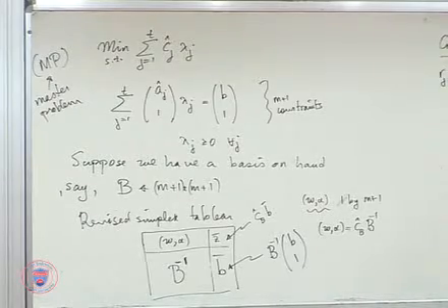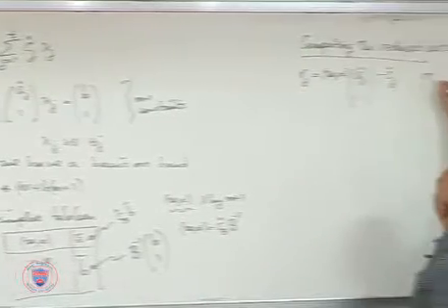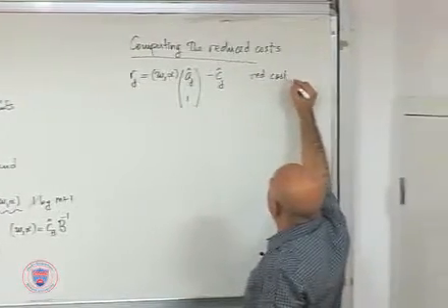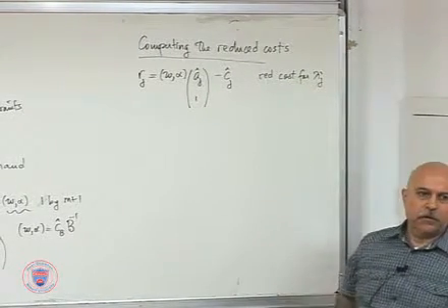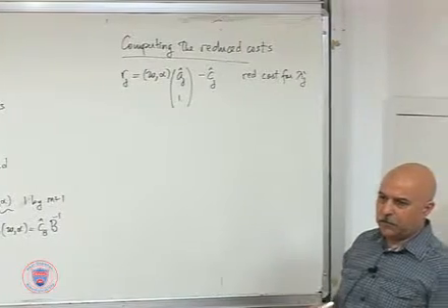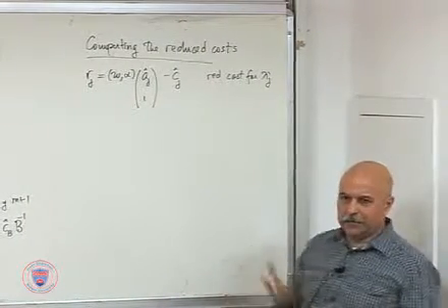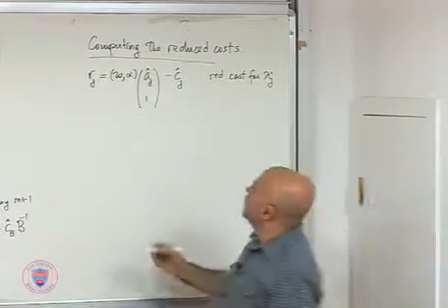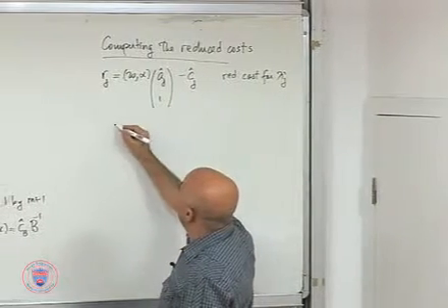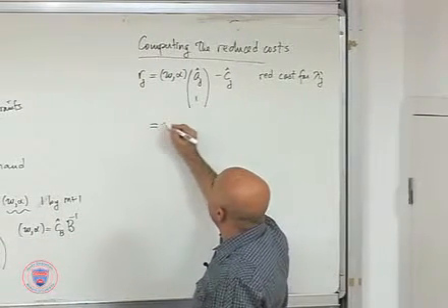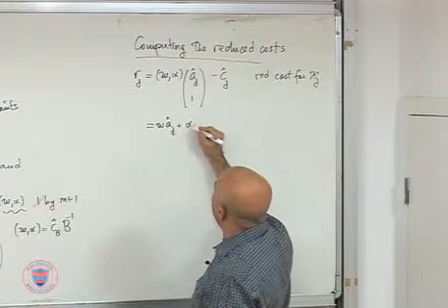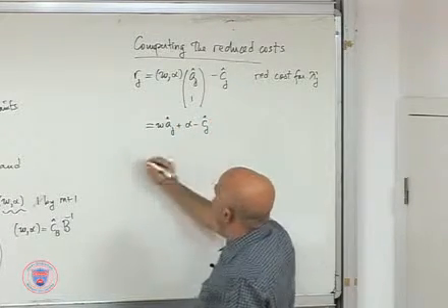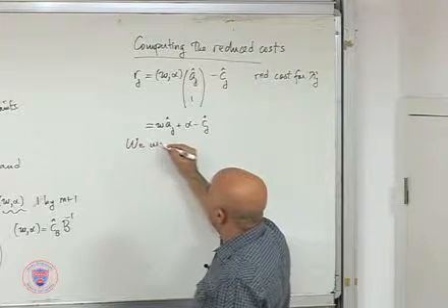This is the reduced cost associated with variable lambda_j. Of course, for basic lambdas, these are 0. For nonbasic lambdas, we have to somehow generate them. And so this is going to be w a_j hat plus alpha minus c_j hat.